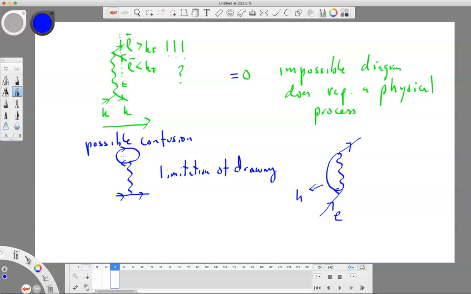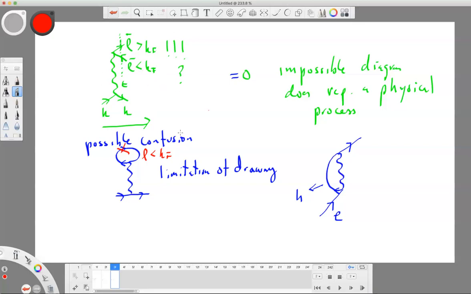The same with this. Do not draw the line like this because it's confusing. You shouldn't put the arrow here, but where it shows the type of particle you're going to have. So if you label this with an L, this L is less than Kf. Okay, is this clear? Here I pretend that this propagator is extending and doing something else with the diagram here.